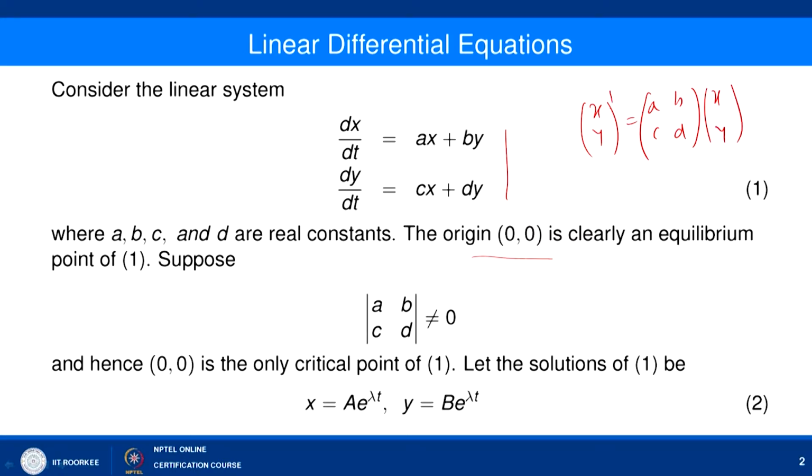So, it is a system like this, and the solution which we are assuming is x y equal to e to power lambda t times the vector a b. Here we need to find out this vector a b and the constant lambda, such that it will work as a solution here.